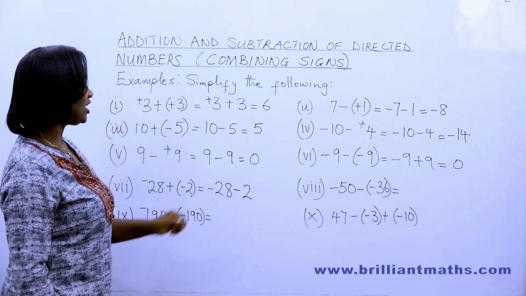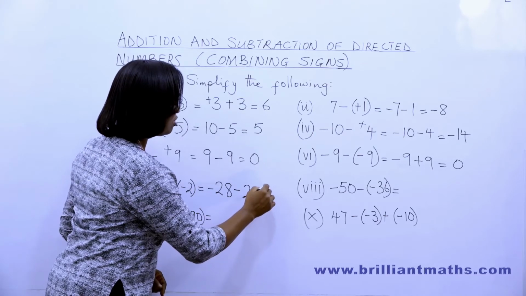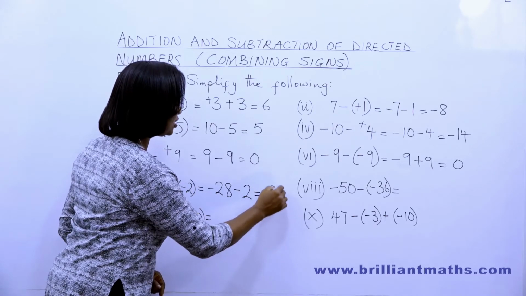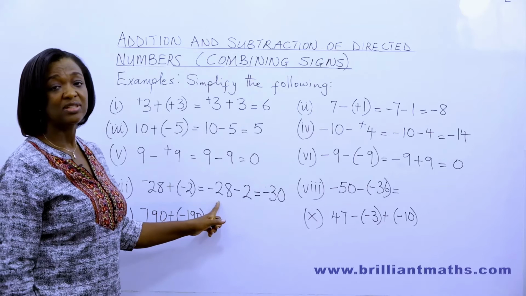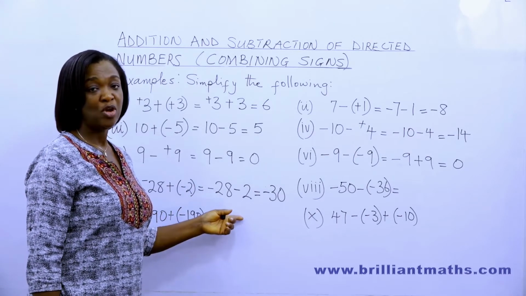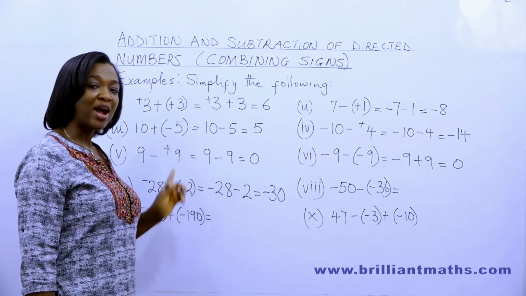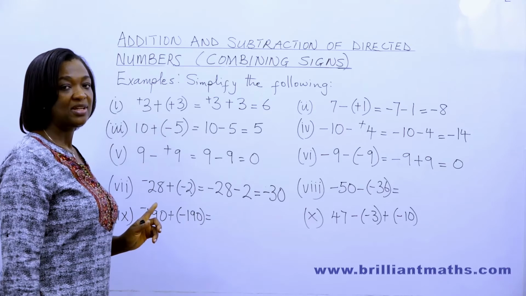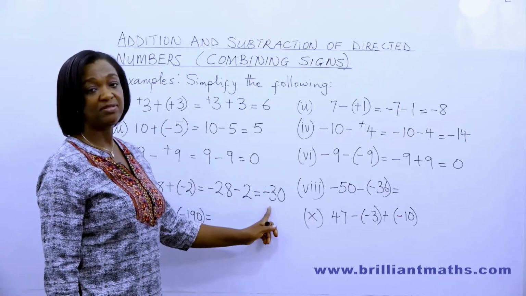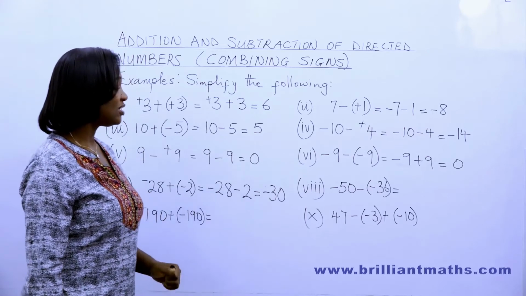So minus 28 minus 2 is equal to minus 30. This actually means from negative 28 take away 2. So from negative 28 you go backwards 2 steps. That will give you negative 30. So minus 28 minus 2 is minus 30.